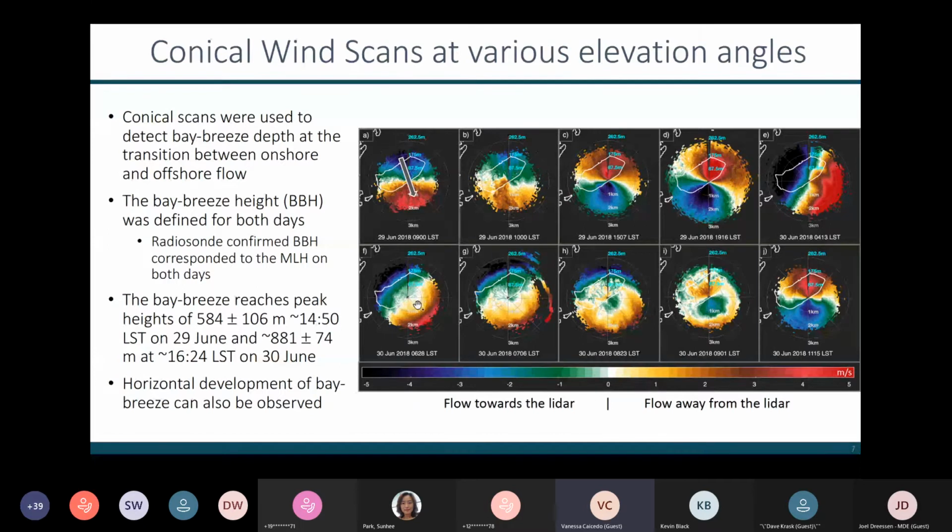We start with pretty calm winds, those white zero colors, then turning into more of this green, especially here at the edge, and that green color keeps getting bigger until it overpowers the range of the lidar, and we're just seeing constant southerly flow.